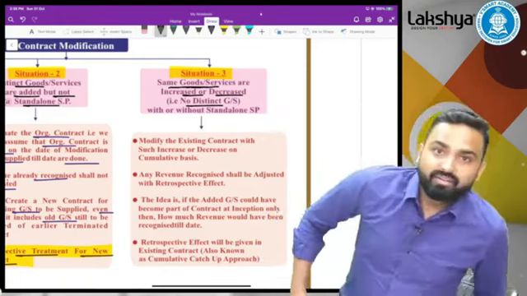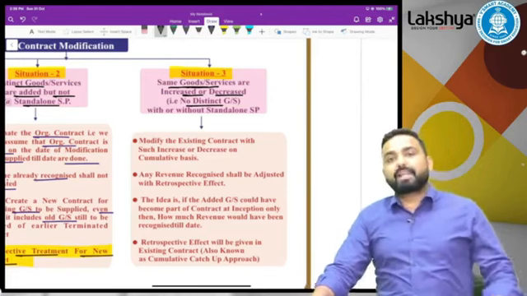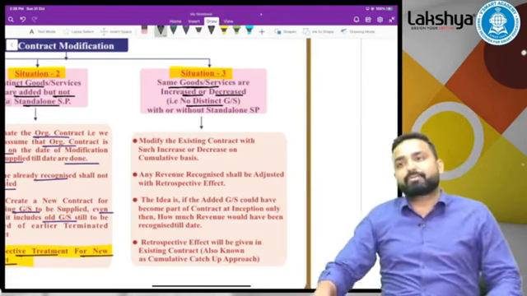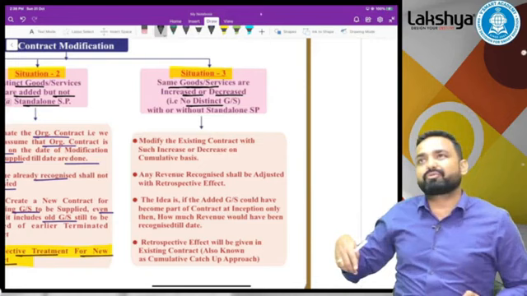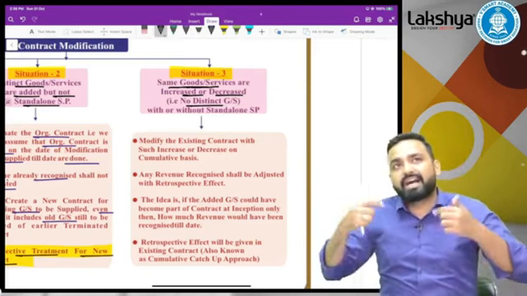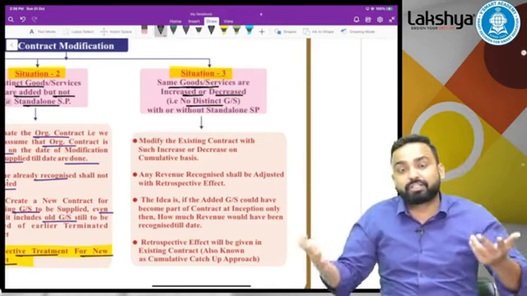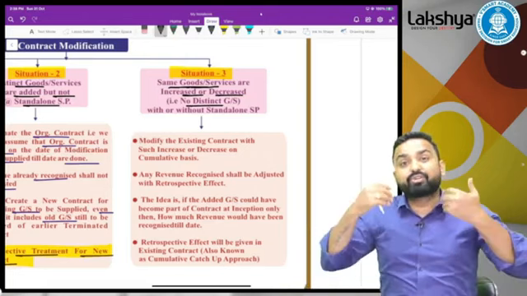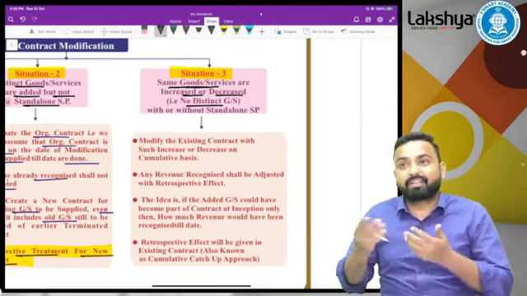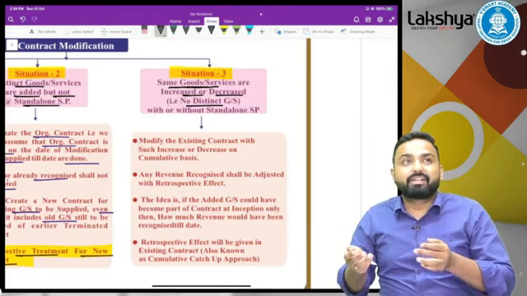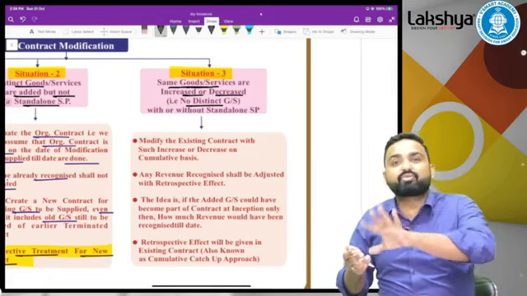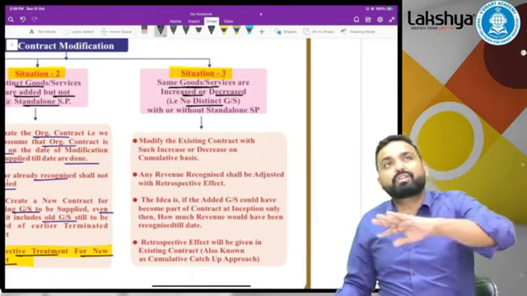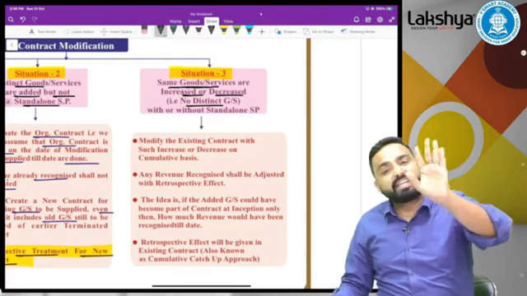Like original contract was to supply 50 laptops. After supplying the first lot of 25, customer came to me, asked for another 30 or reduces the 10. Like he doesn't need the rest 25, or out of the rest 25 he doesn't need 10, he needs only 15.